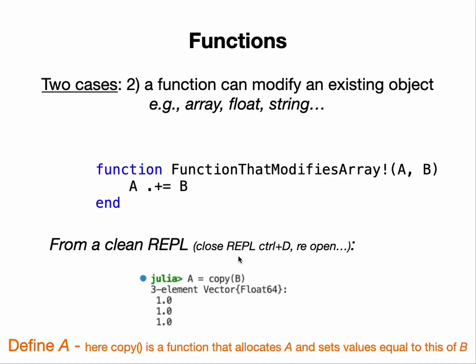And next we're going to define A. Here I'm being lazy. I simply type A is equal copy of B. So copy B is a function that will allocate memory to hold A, and it will set all the values equal to the values of B.